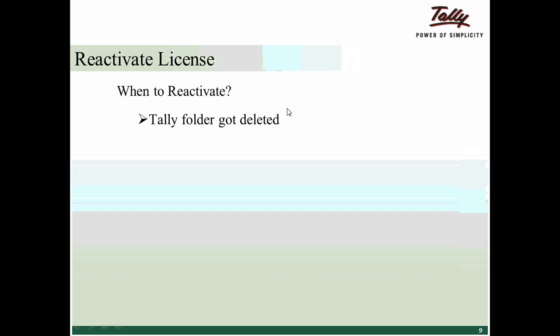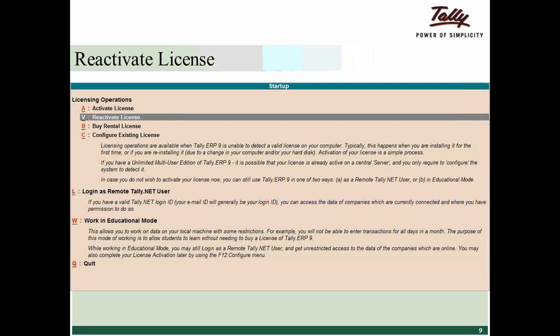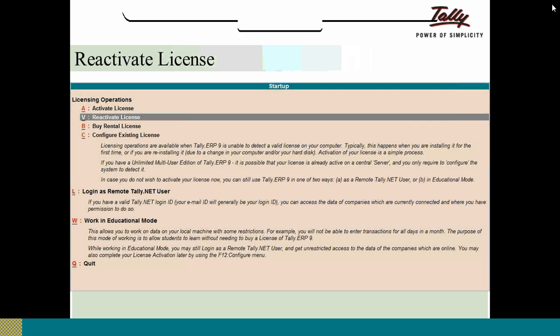You reactivate when the Tally folder gets deleted, when you change the system after the Tally surrender, or when the system gets crashed. When you open Tally, when Tally is in execution mode, you would have seen the startup screen. As many of the participants are familiar with the startup screen, you have to click on Reactivate License.